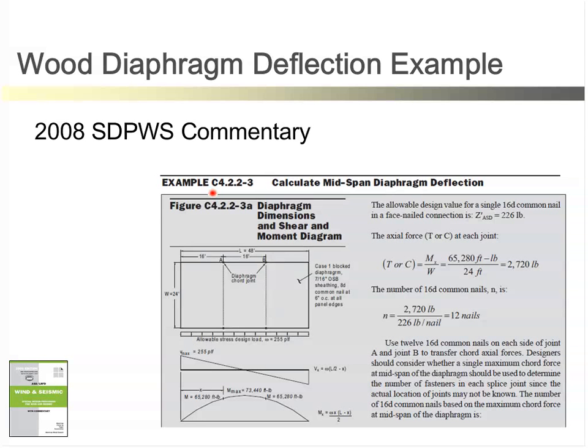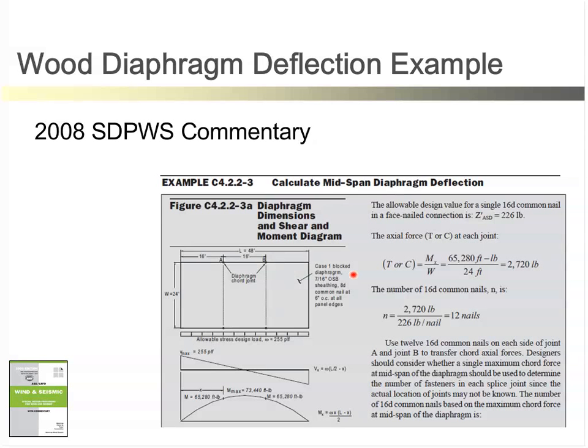We're going to calculate the midspan diaphragm deflection for a diaphragm with a length of 48 feet, a width of 24 feet, splices at 16 feet on center in the diaphragm chords.